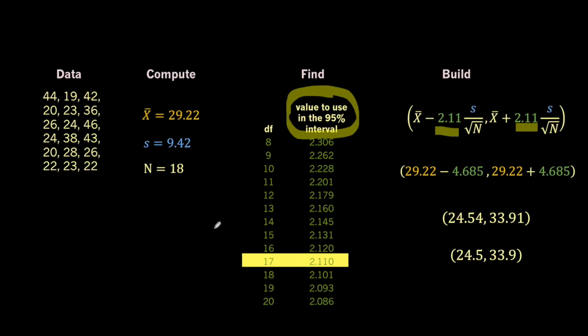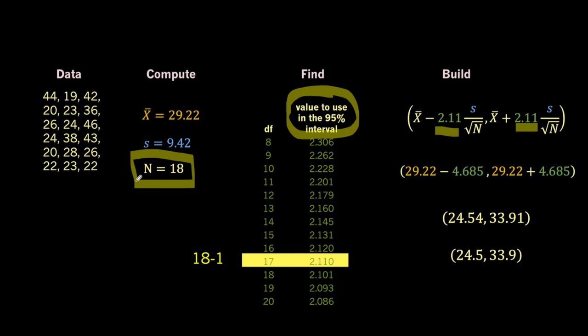Okay? So here I chose 17. Can you guess why? Yes, because of this. When you use the t-distribution to compute an interval, you have to use a number of degrees of freedom equal to the sample size minus 1. It's very easy to remember, so here's 17. Okay, 2.11, and that's the number I used.